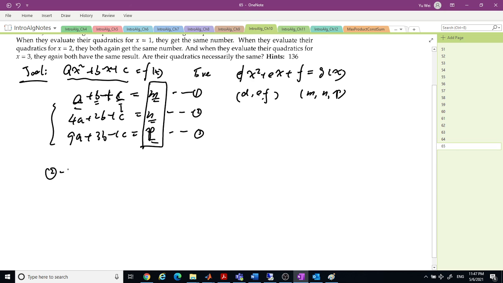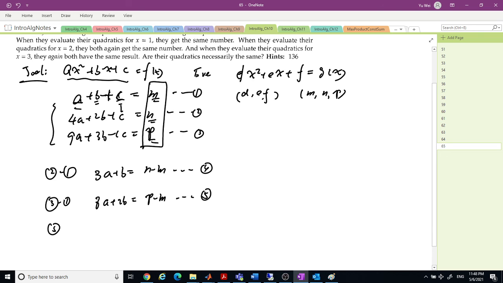So 2 minus 1 is 3a plus b is n minus m. That's equation 4. And 3 minus 1 is 8a plus 2b is p minus m, that's 5, right? So now we can try to eliminate b, right?